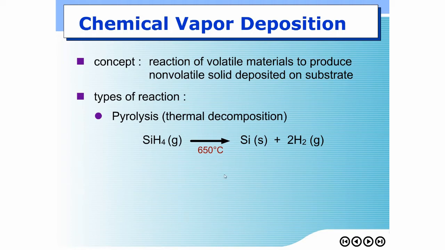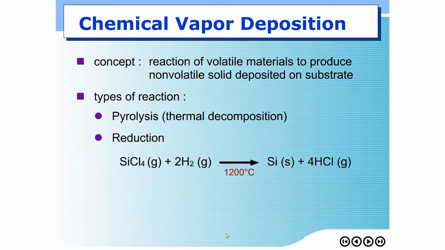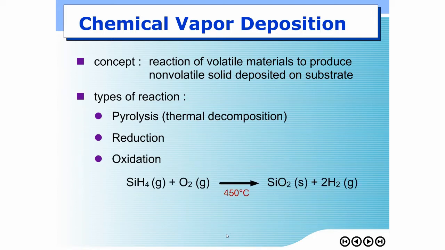Of course, there will be modifications that you can try and then you can control. There are so many ways or so many reactions that we can use. For instance, for reduction, we can use silicon chloride and react it with hydrogen at 1200 to get silicon. You can get oxidation, like silicon hydride with oxygen to get silicon dioxide.